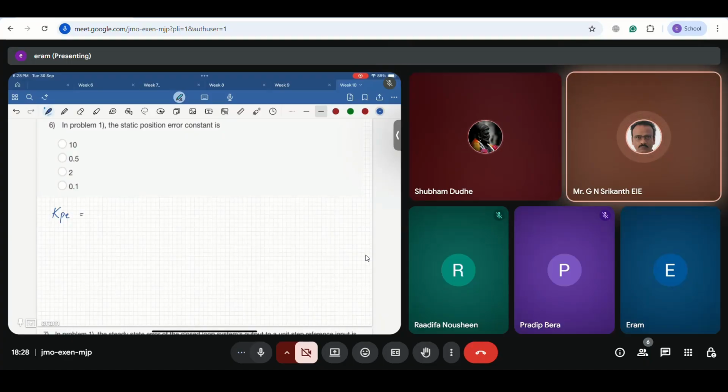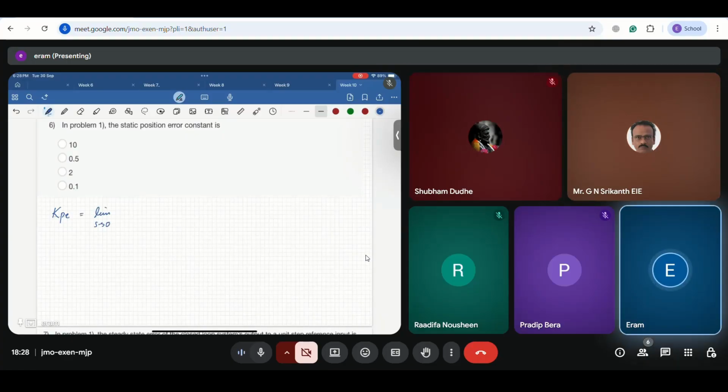Limit s tends to 0 of G(s)H(s). So we put s tends to 0 in G(s) into H(s), which is already given to us. It is (s plus 1) divided by (s plus 5) and (s plus 2). Now if you put s tends to 0, it is just 1 by 10. So it is 0.1.